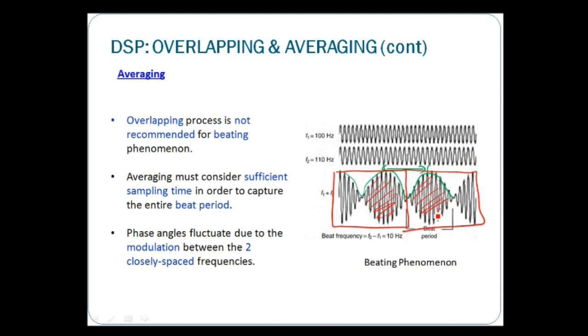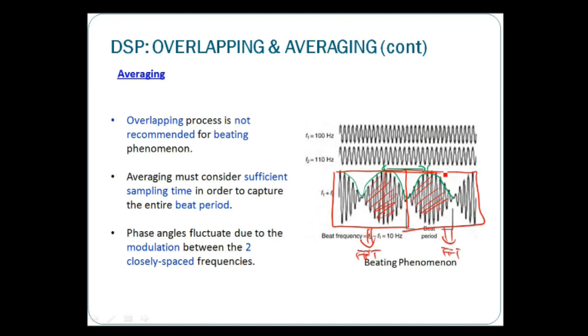All right, so I have to take notes on that. If you're doing FFT averaging, that also matters. But overlapping is definitely not advisable in this case. If you are doing overlapping, you do not really know when the change starts and when it stops.